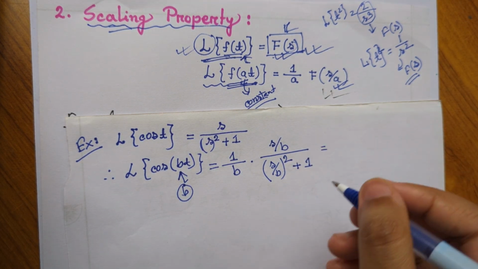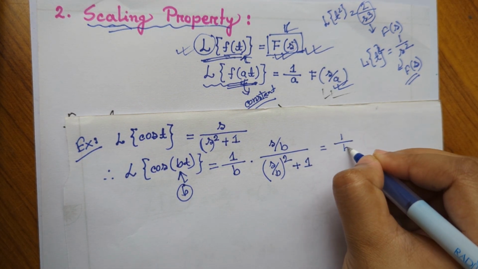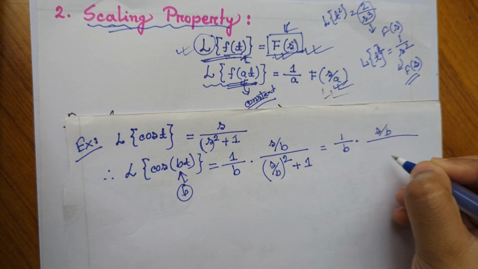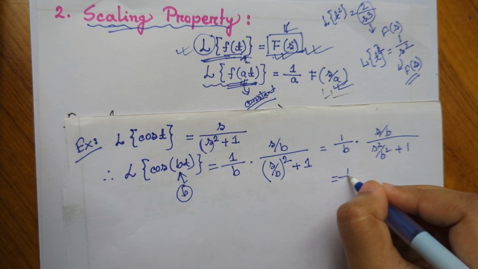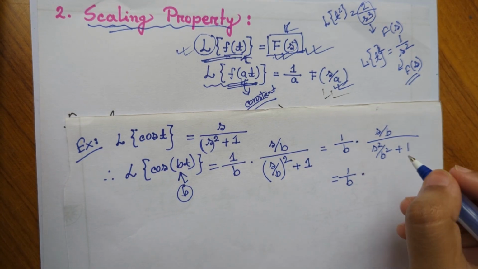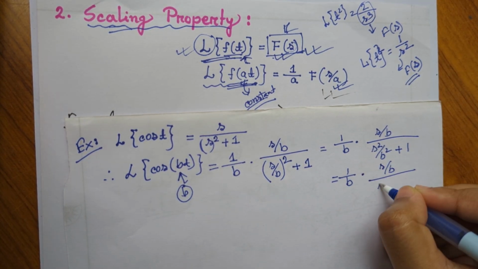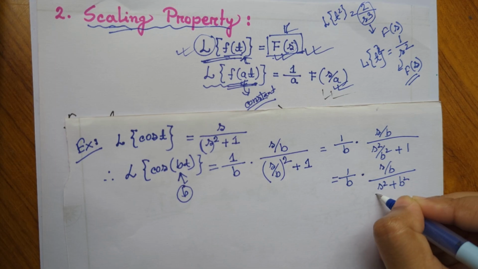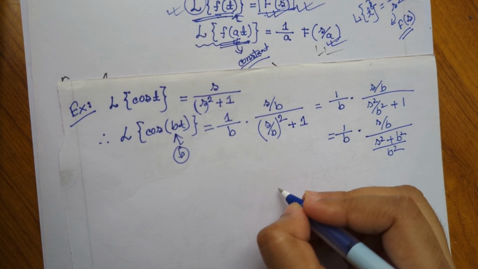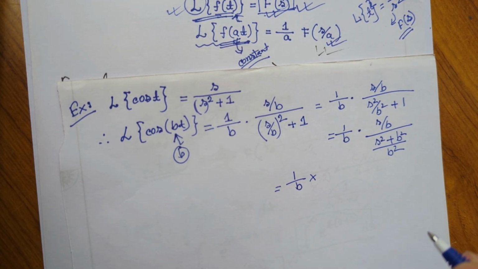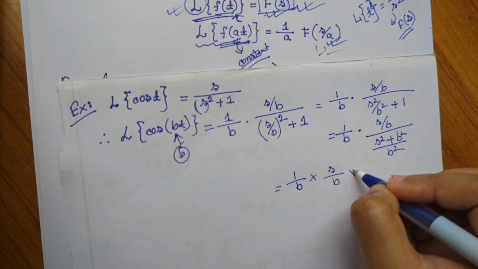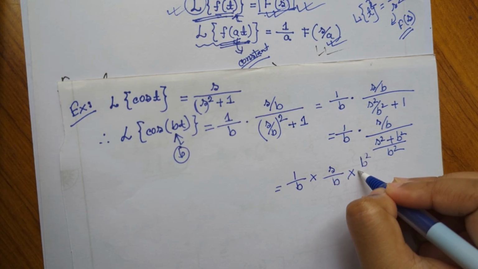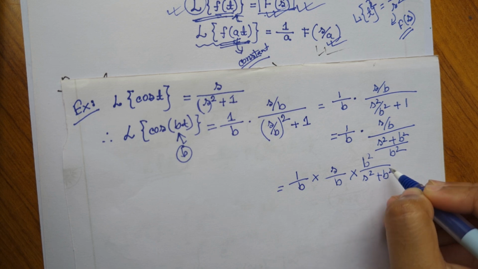And now if we simplify this, we will get 1 divided by b, into s divided by b, over s square by b square plus 1. Taking the common denominator, this is s divided by b divided by s square plus b square divided by b square. So further if we calculate, we will get s divided by b into b square divided by s square plus b square.